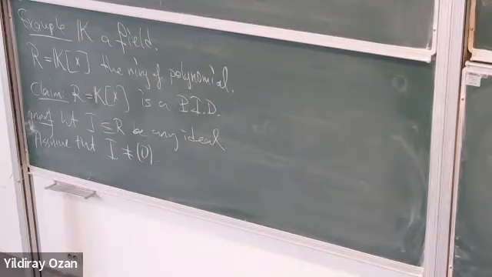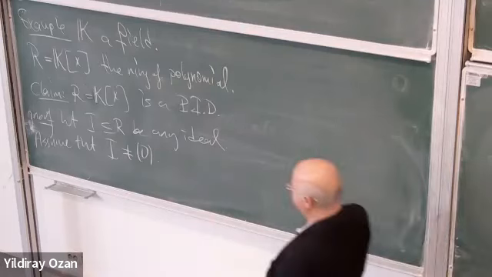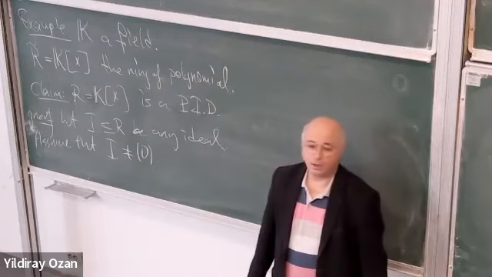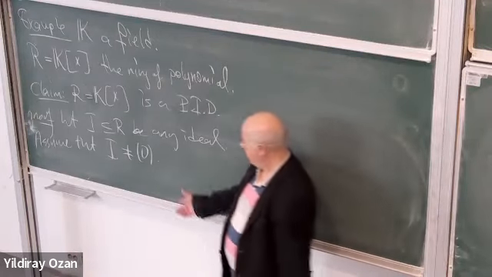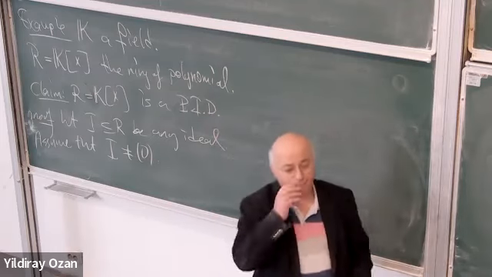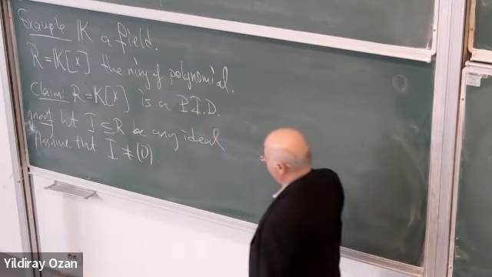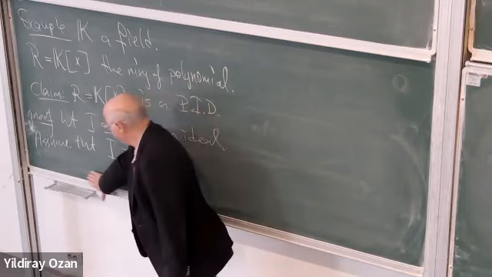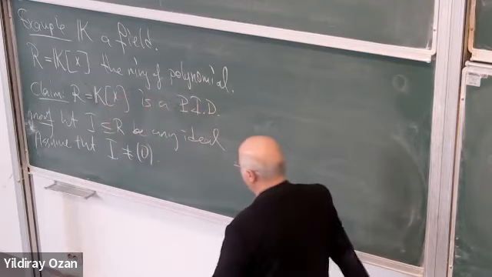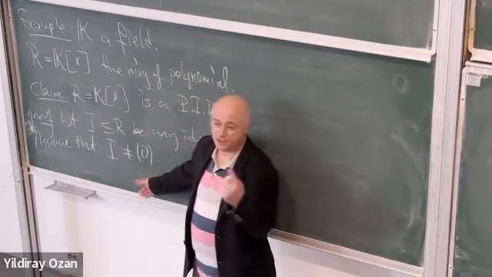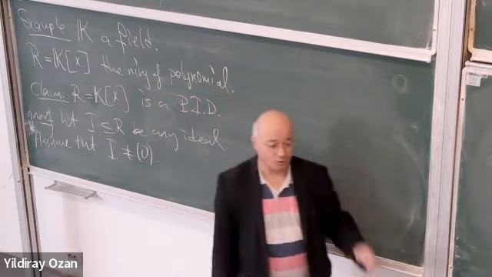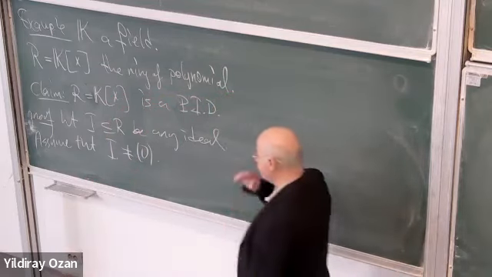Zero is always in the ideal, of course, because whenever you have an element, you can multiply that element by zero, and that element will be also in the ideal. Therefore, every ideal contains zero, and zero itself is an ideal. Now, we assume here that the ideal is different than zero. If it is the zero ideal, then it's generated by a single element, which is zero. But let's assume that it's not the zero ideal.